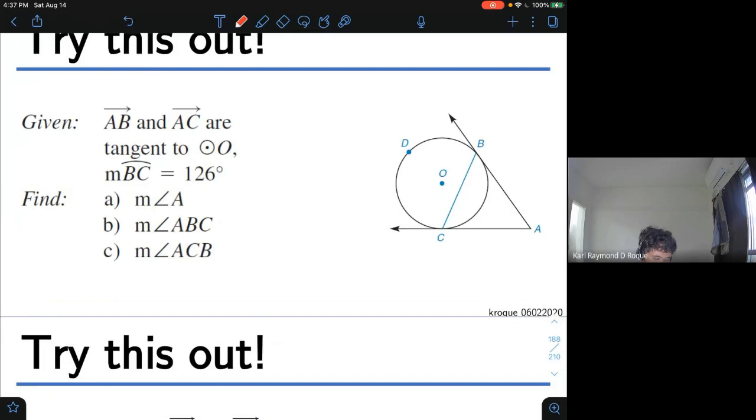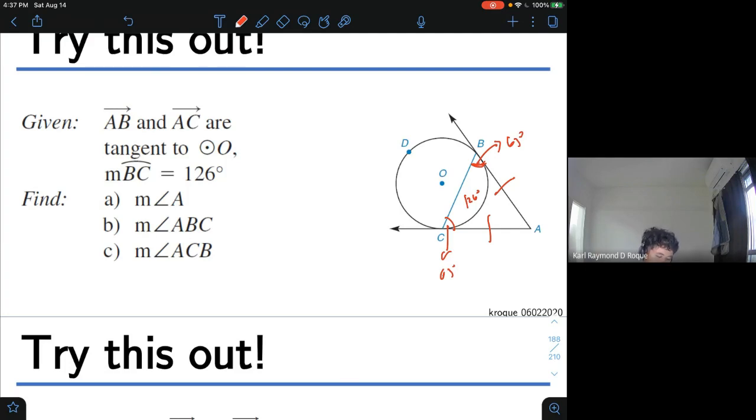AB and AC are tangent to O. Isosceles triangle. Measure of arc BC is 126. Okay. Ano to? 60 degrees. Ito rin, 60 degrees. I hope naintindihan kung bakit.